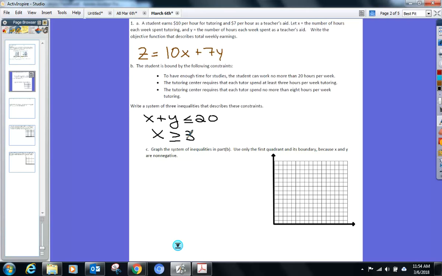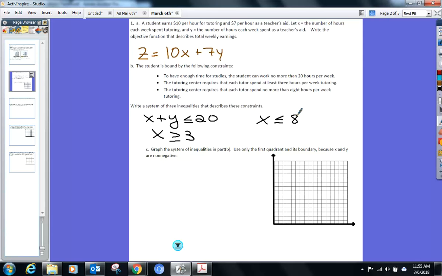And the third requirement, you can't spend no more than 8 hours tutoring. Can't spend more than 8 hours tutoring a week. So, yeah, X has to be no more than 8, less than or equal to 8. So there are the three constraints, or the three inequalities.